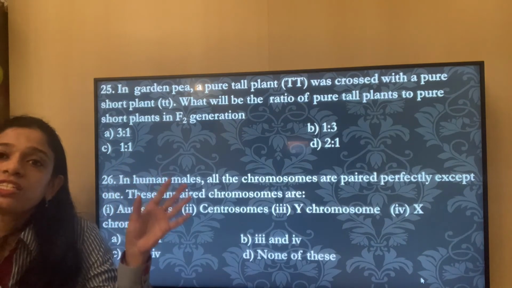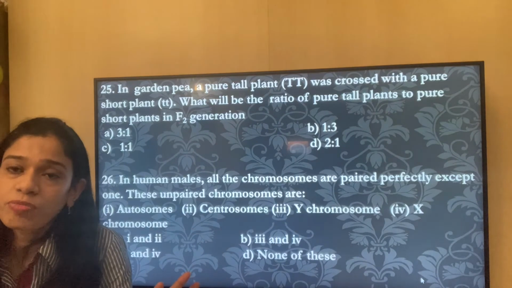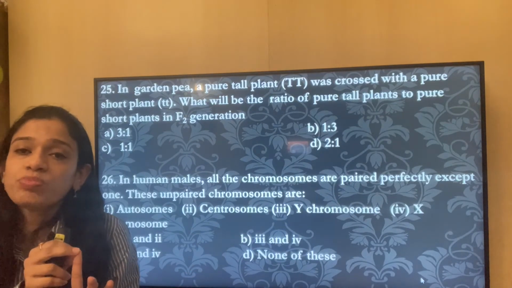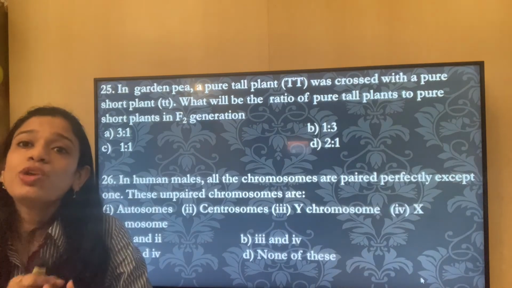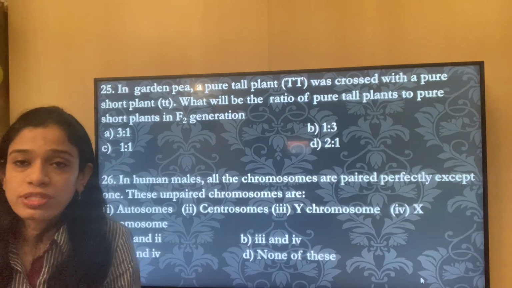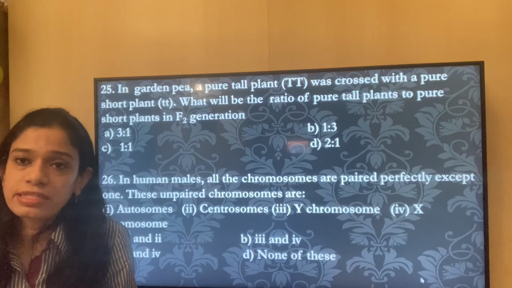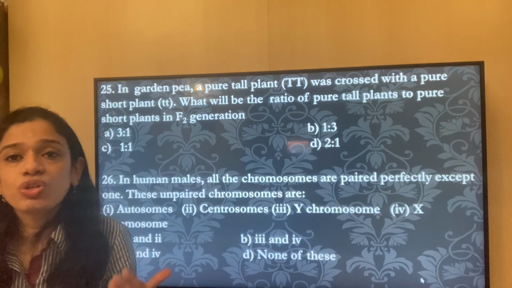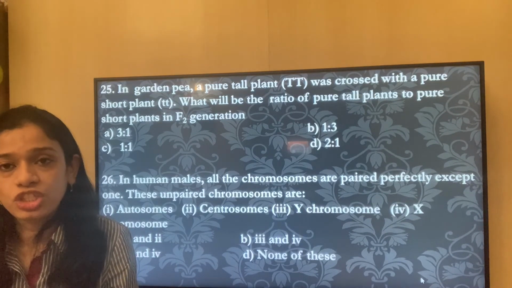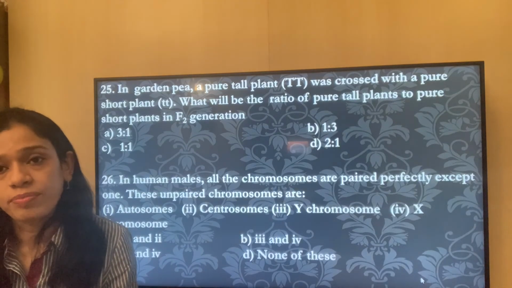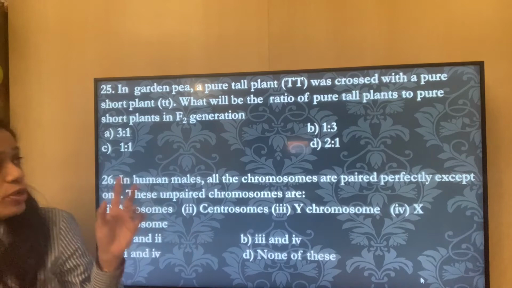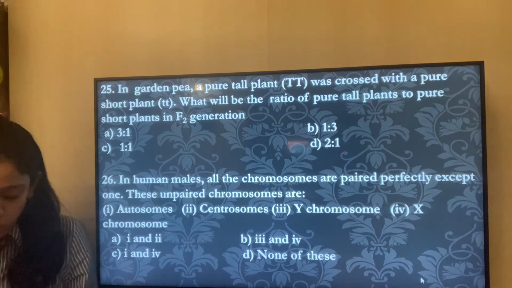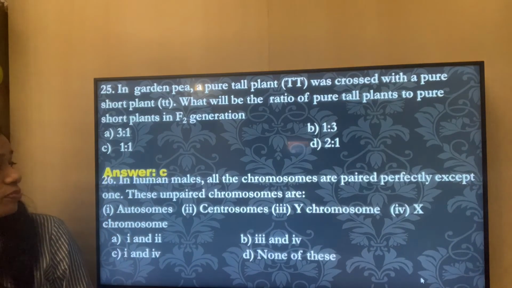If 4 is the total number of plants, 1 plant should be pure dominant, 1 plant should be pure recessive, and 2 plants should be heterozygous. It will represent as a dominant trait, but genotypically it will be heterozygous, that is capital T small t. So the pure tall and pure short should be 1:1, that is option C.